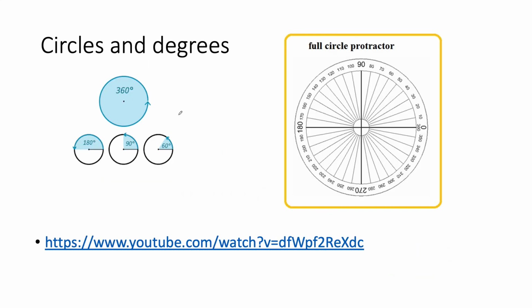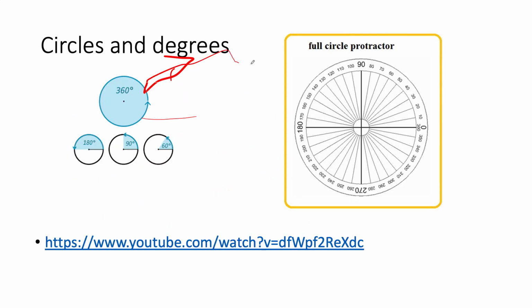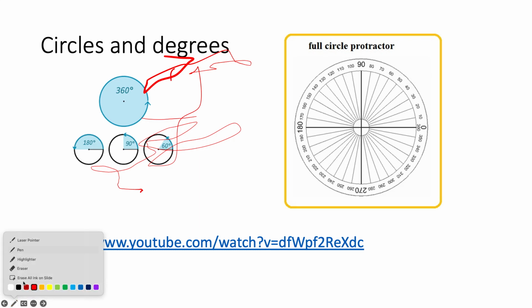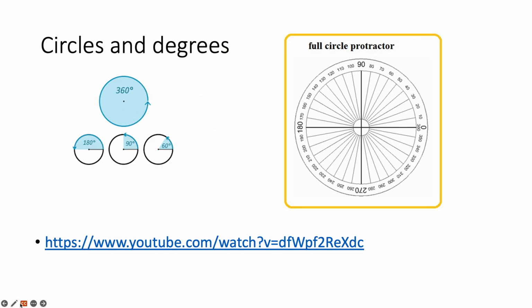Okay, we're going to talk about circles and degrees. When we talk about degrees of a circle, all the way around a circle, whoa, what happened here? Whoa, let's erase that. There we go. All the way around a circle is 360 degrees.